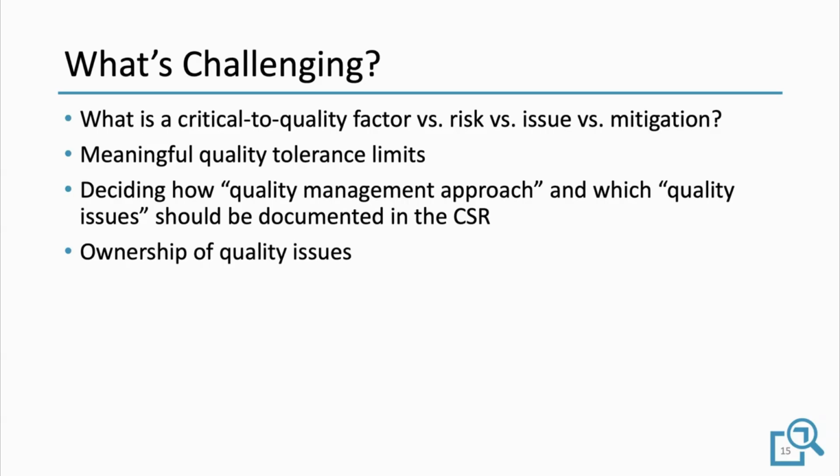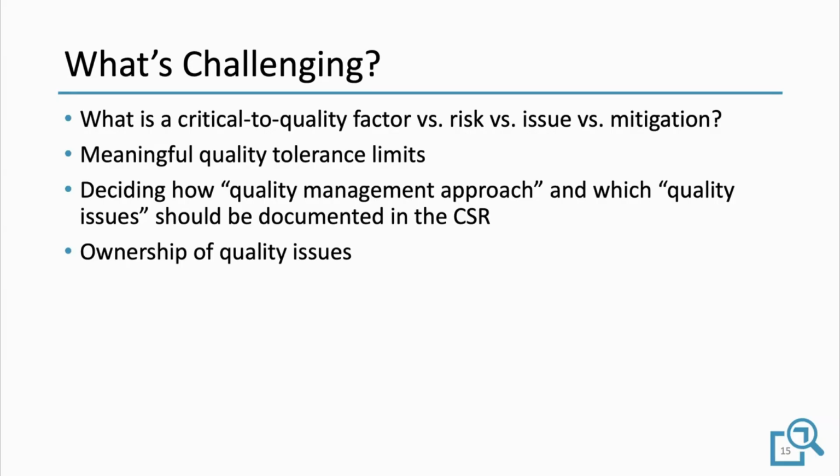And so we think that this really confuses the concept of a critical to quality factor with a mitigation that might actually reduce the risk. So we see more of this based on what we saw with E6 R2, where everyone, in my opinion, went overboard implementing tools to do risk assessment that a lot of times didn't really foresee risk.